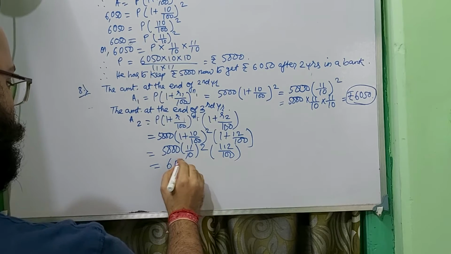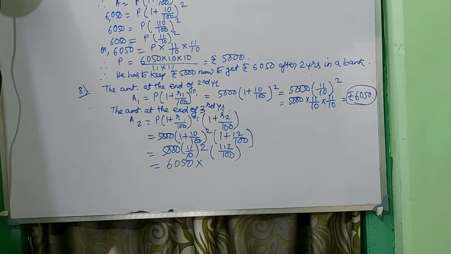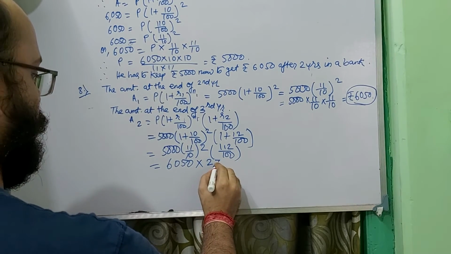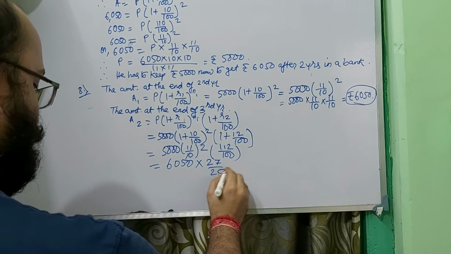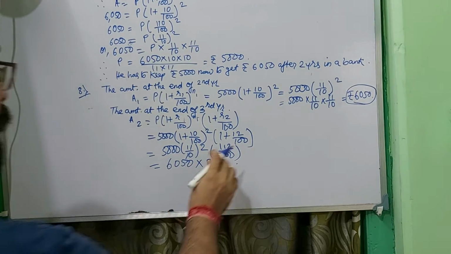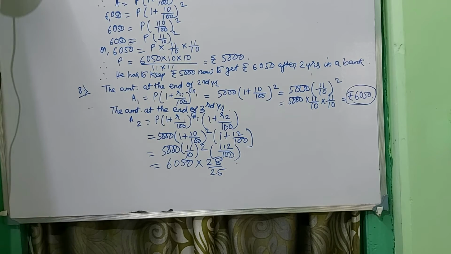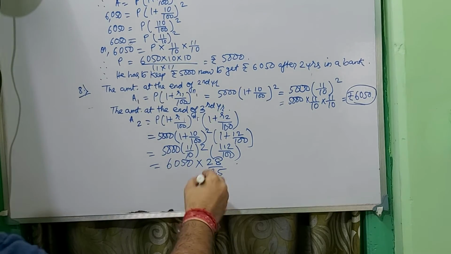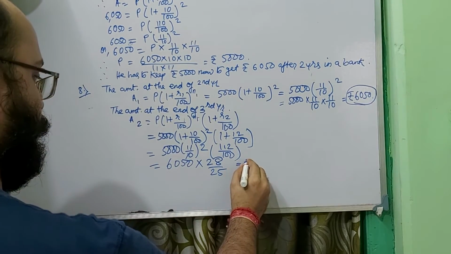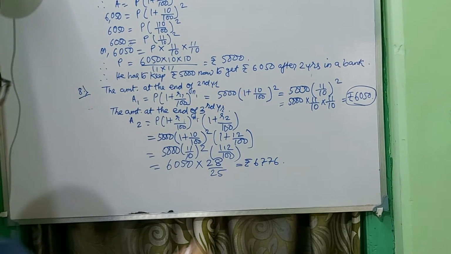This is 6050. 112 by 100, if you divide it by 4, you will get 28 by 25. So if you multiply that, you will get rupees 6776. That is the amount at the end of the third year.